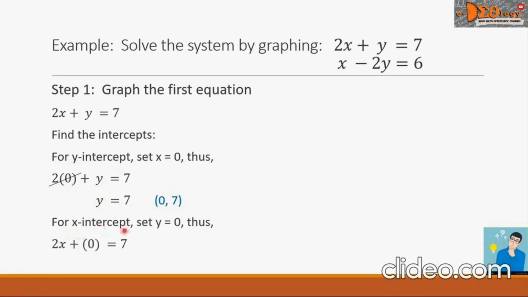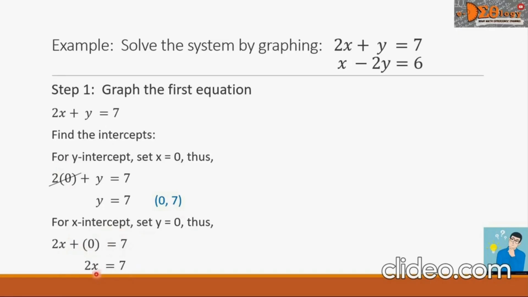For the x-intercept, we set y equals 0. Thus, the first equation now becomes 2x plus 0 equals 7. We can ignore the 0 here, so we have 2x equals 7. Let us find the value of x.